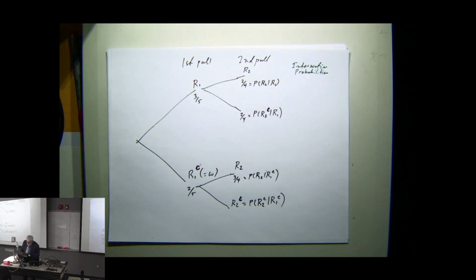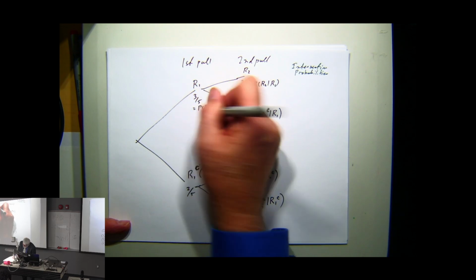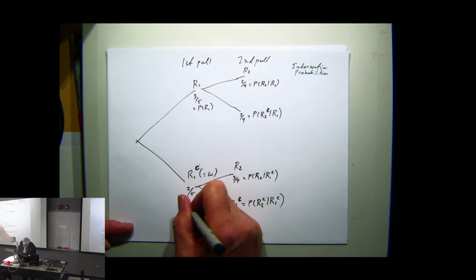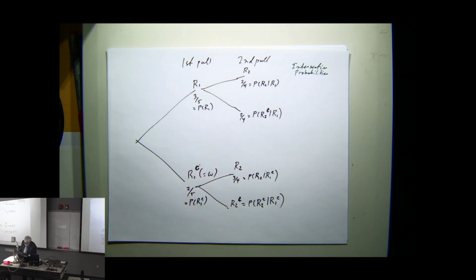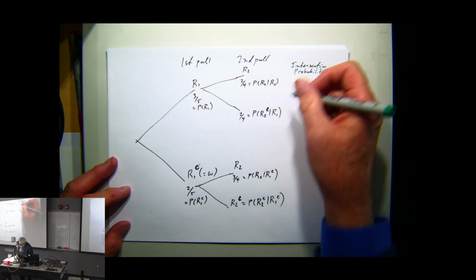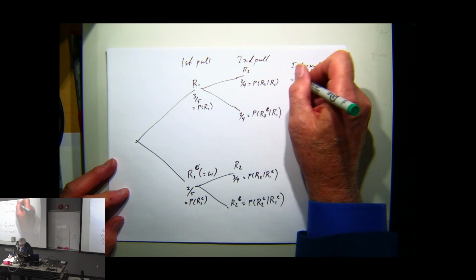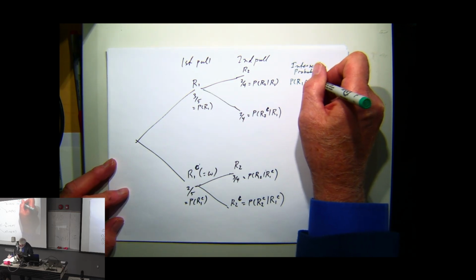Actually, I'll just go back and emphasize that this was the probability of a red on the first, and this was the probability of not getting a red on the first. Okay, so we've got all our probabilities labeled on our tree, and we got our intersections by multiplying along the branches of the tree.